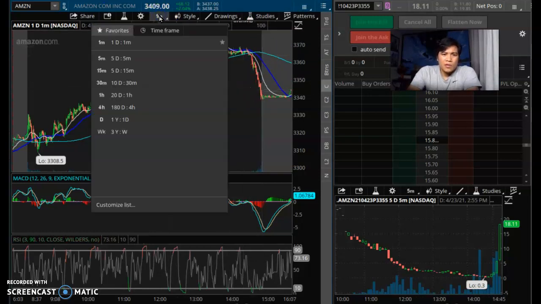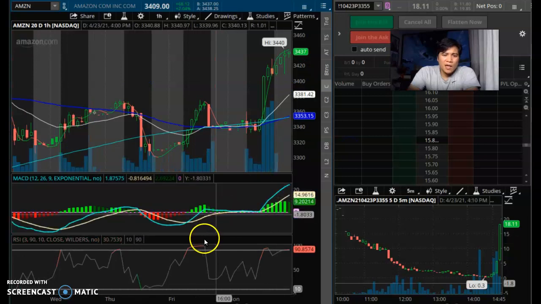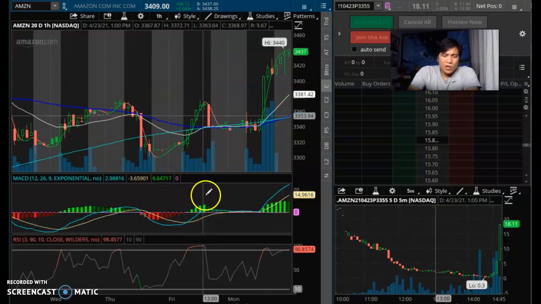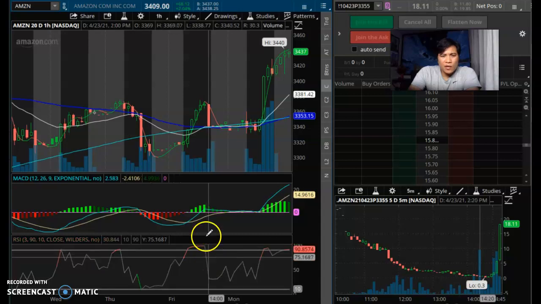And to help us choose the direction, we go onto the 1 hour chart, and we can actually see the RSI making, that is Friday right there, 96, 99, overbought on the RSI, and it's coming down over here.